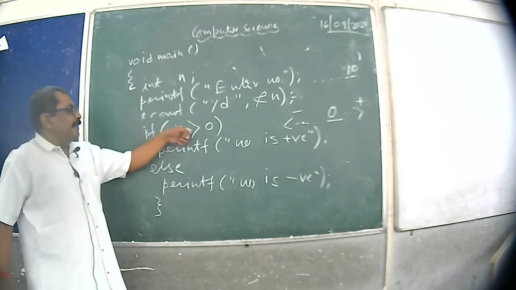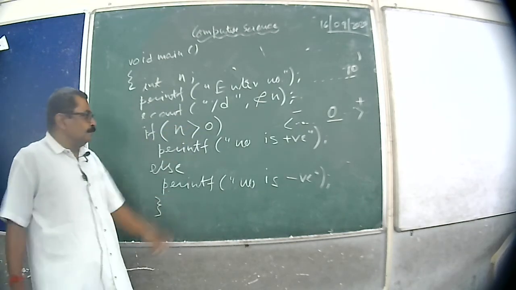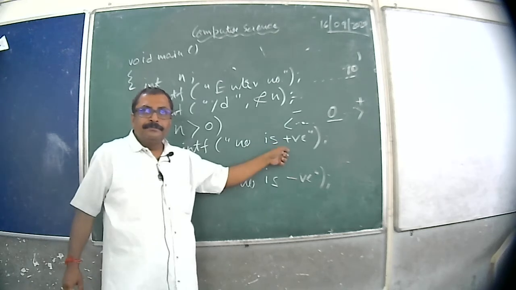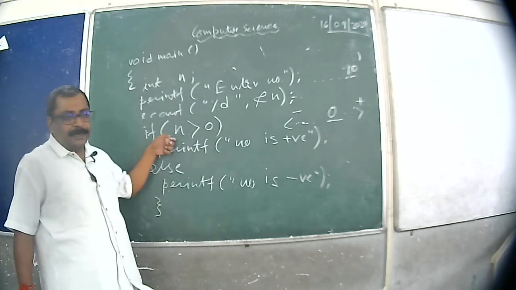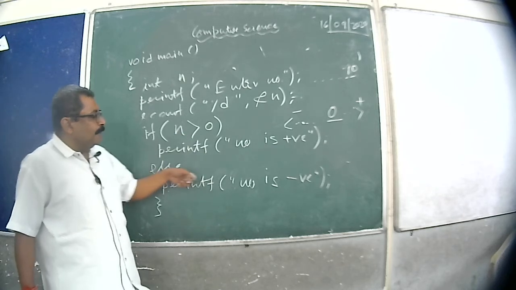If n greater than 0, if it is true, say for 5, 5 greater than 0, true, number is positive. If I put minus 5 as n, minus 5 greater than 0, false, printf, number is negative.